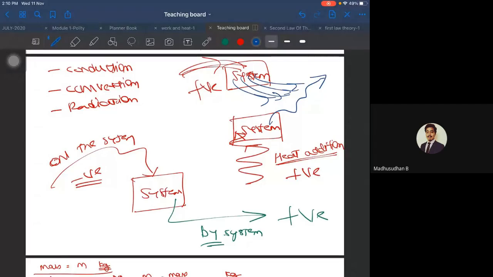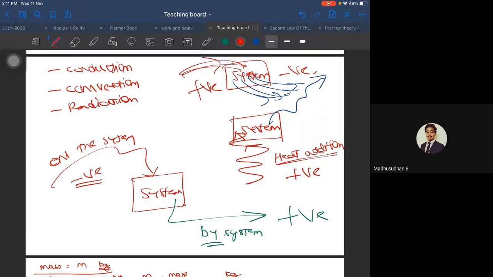Losing. So the conclusion: if the system is gaining the heat, then it should be taken as positive.